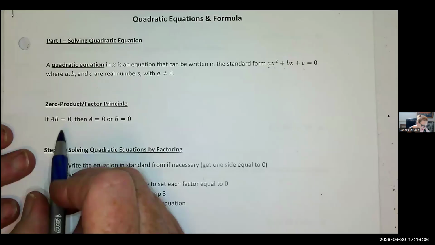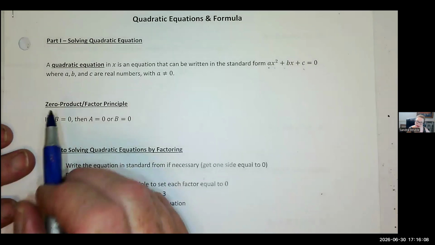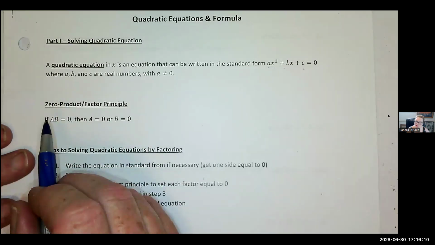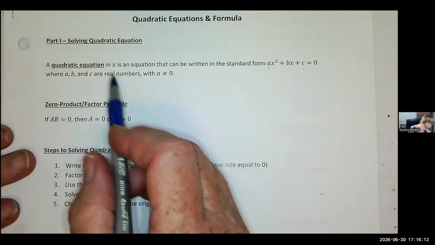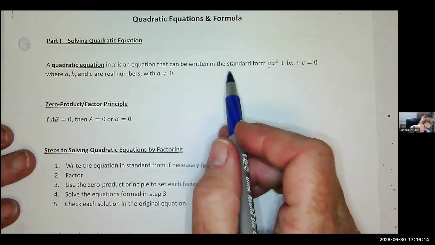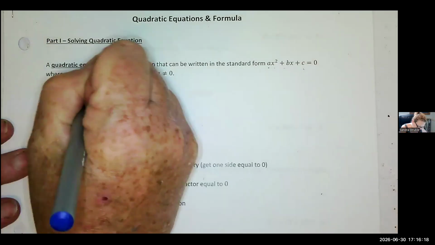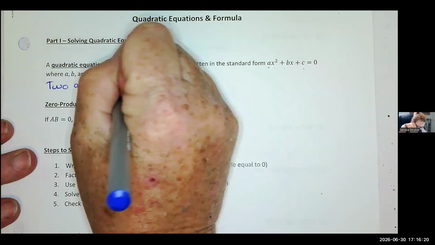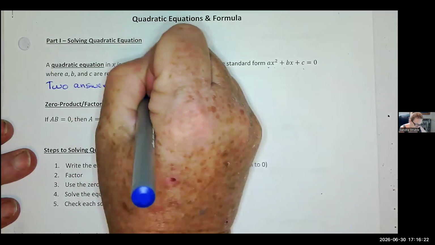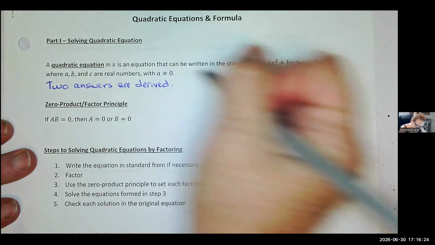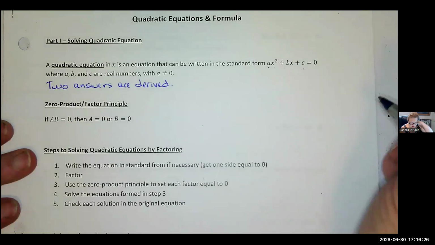The other thing to understand is that two answers are derived from a quadratic. A, B, and C are what you're going to use to get there.